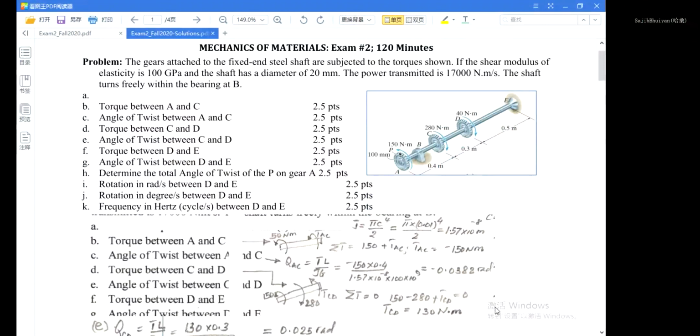Between AC, J is half pi c to the fourth power. It is easy. The torque is 50. The torque between AC, TAC, is 100.